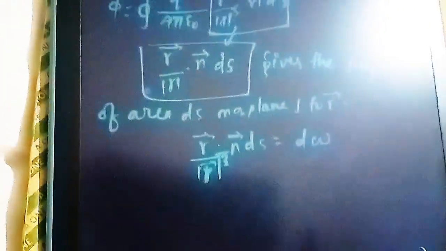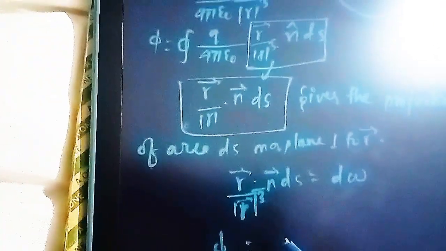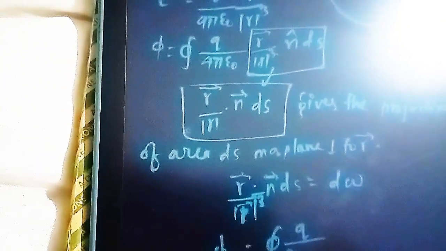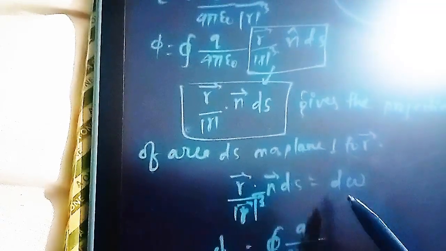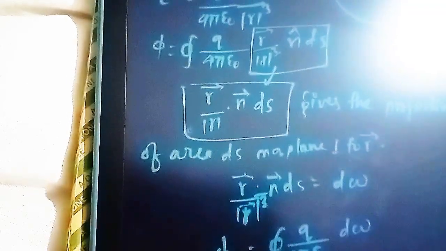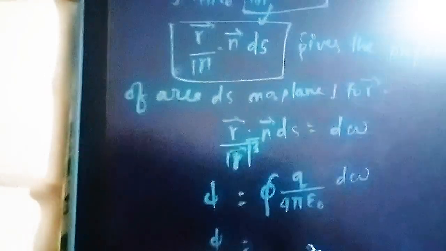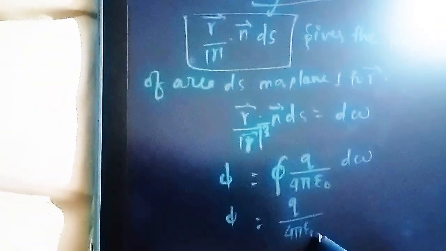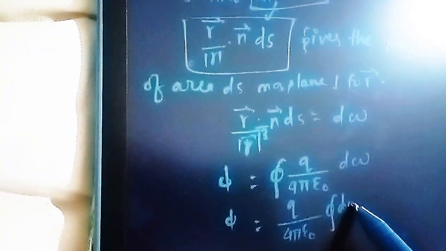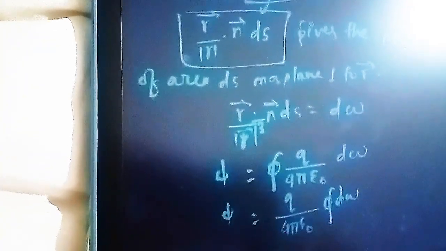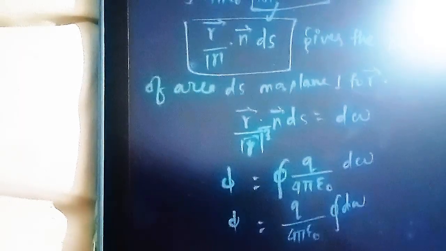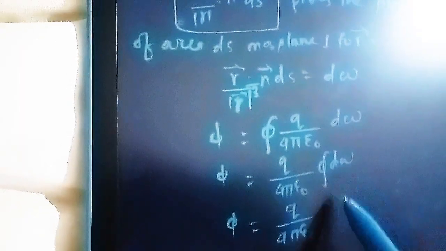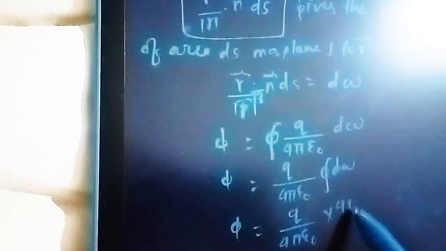So now our equation becomes phi is equal to the cyclic integral of q by 4 pi epsilon naught d omega. We can take out q by 4 pi epsilon naught into the cyclic integral of d omega, and integration and derivative get cancelled. So q by 4 pi epsilon naught, where omega is 4 pi.